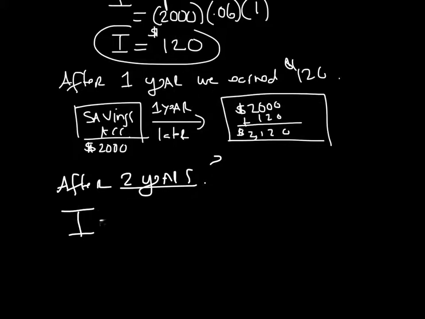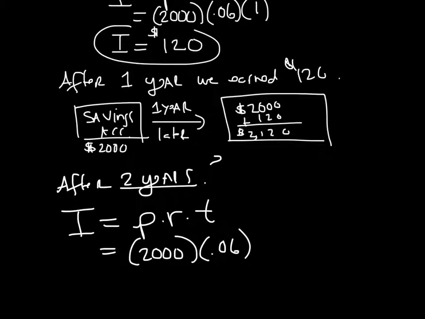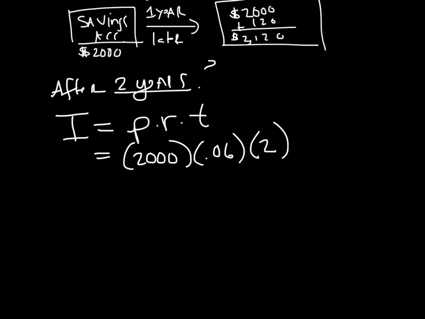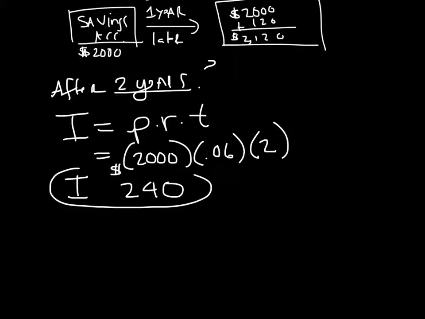Well, the interest would be P times R times T. It's still $2,000, my rate is still 6%, but now it's 2 years, or in other words, 24 months. If we punch that in our calculator, we get 240, or in other words, $240. And again, that's our interest.